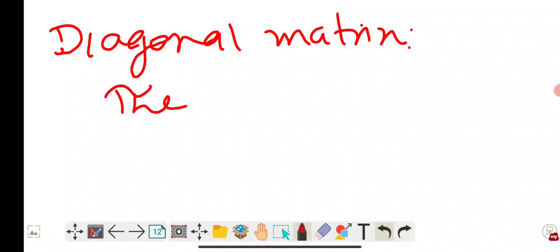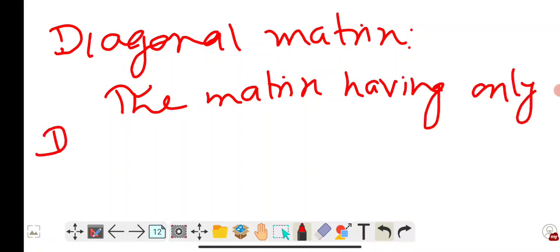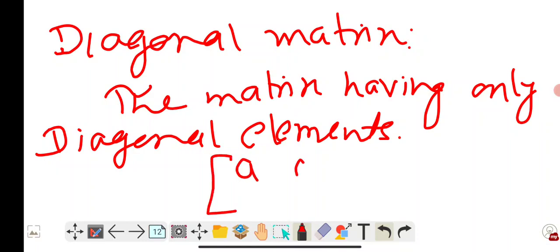The matrix having only diagonal elements, except diagonal elements all are 0. For example, A 0, 0 B. This is a diagonal matrix.